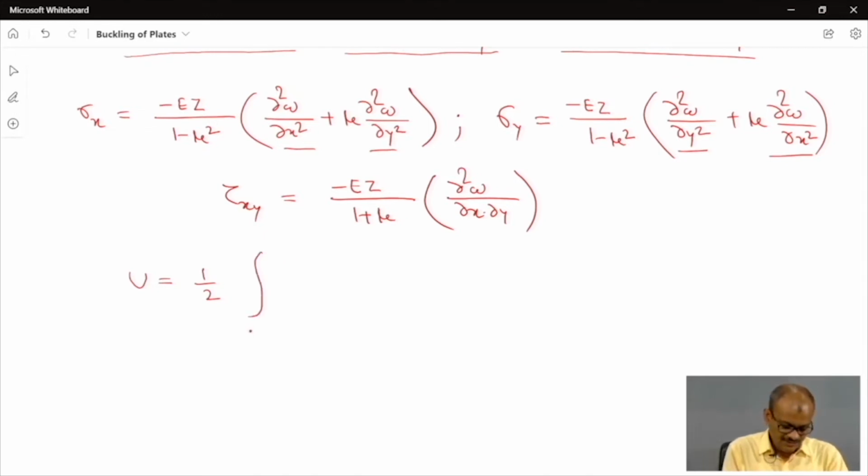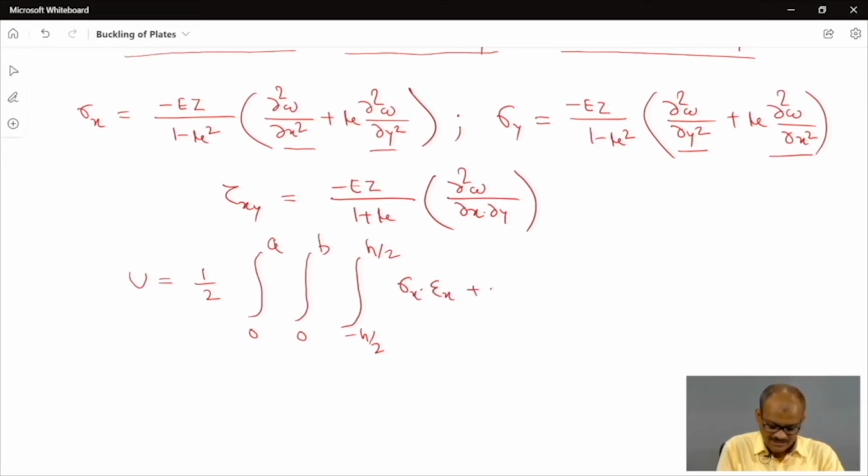Let me write the plate dimension 0 to a, 0 to b, and thickness minus h by 2 to h by 2: sigma x into epsilon x plus sigma y into epsilon y plus tau xy into gamma xy, integrated with dx dy dz.